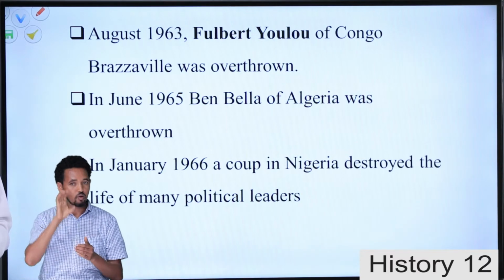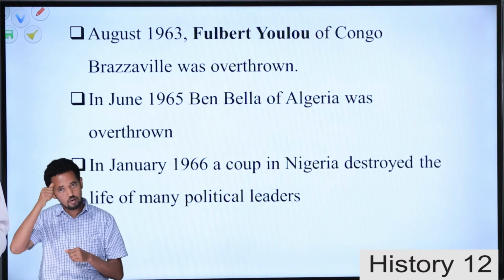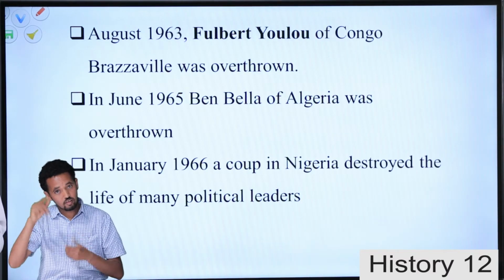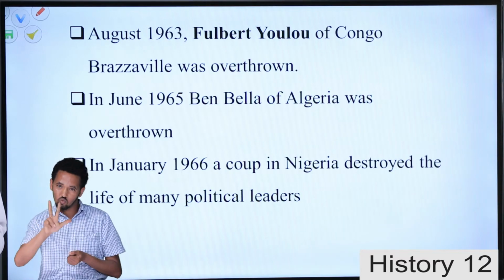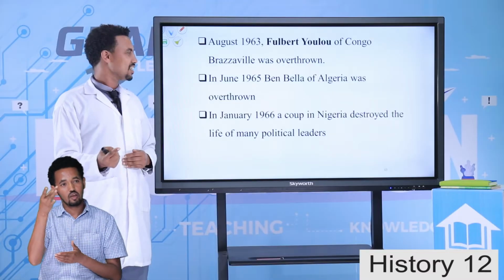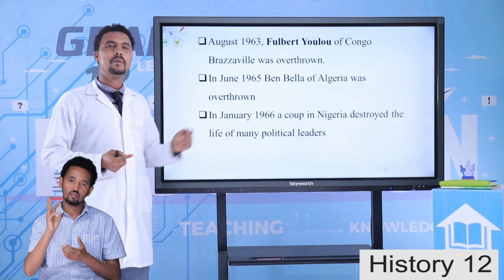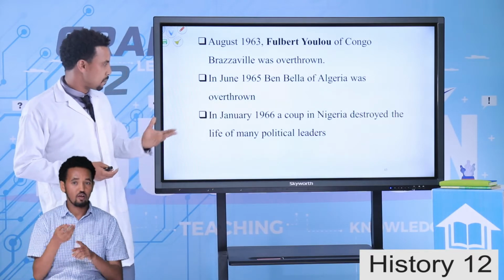By the way, students, as I told you before, Ahmed Ben Bella was a patriot of Algeria. In 1962, Algeria became an independent state after an eight-year struggle. But in 1965, Ahmed Ben Bella was overthrown.